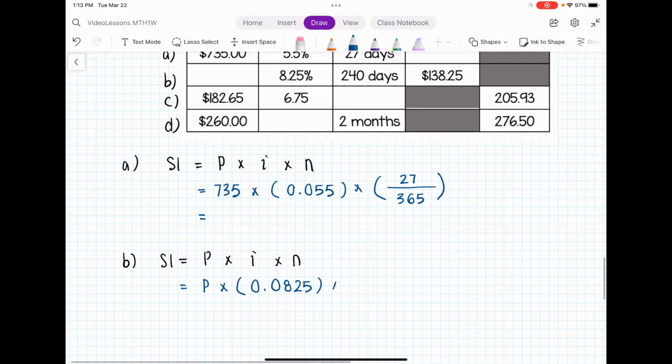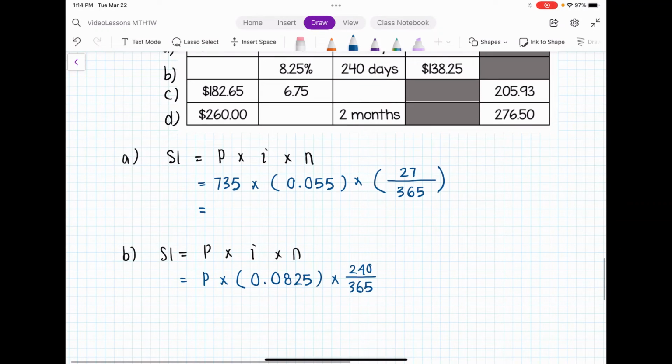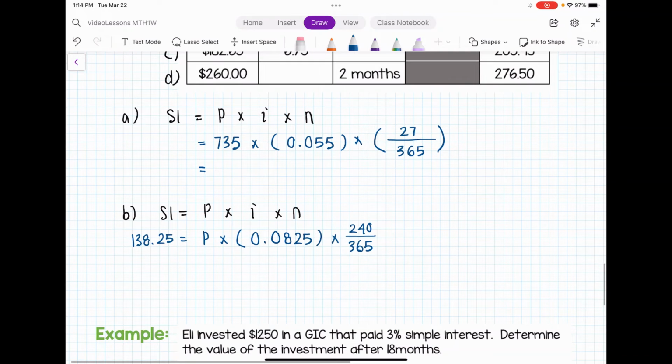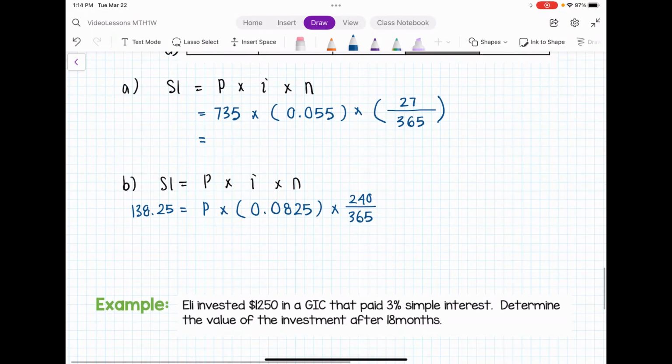And my time is 240 days again, so I've got to divide by 365. And the amount of interest I earned is $138.25. Notice you don't put units in the working out. Units will come at the end, like in your answer, but we don't put it here, okay?